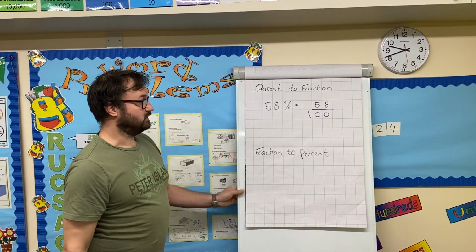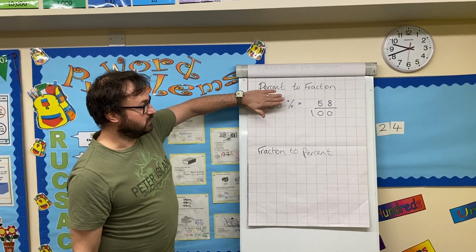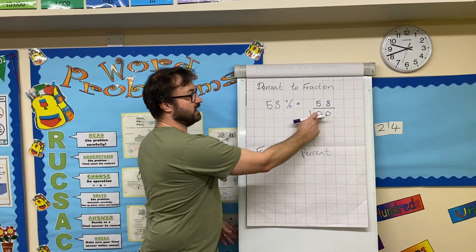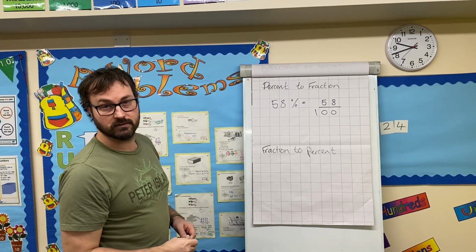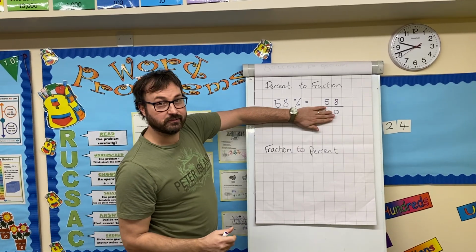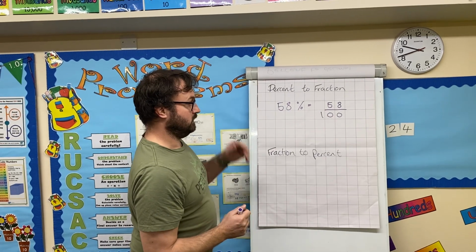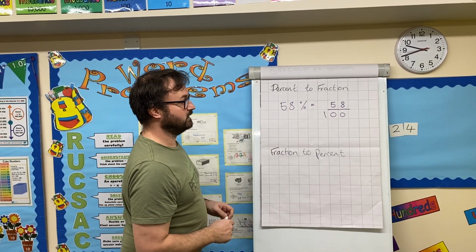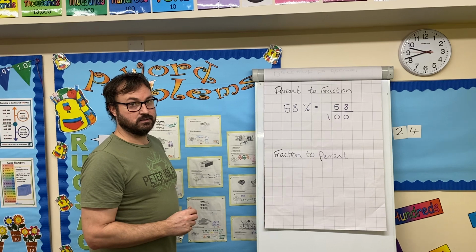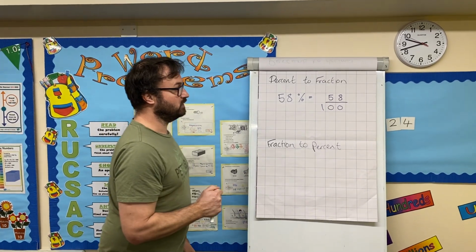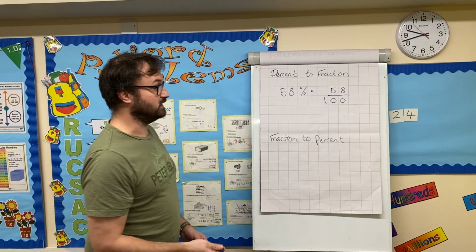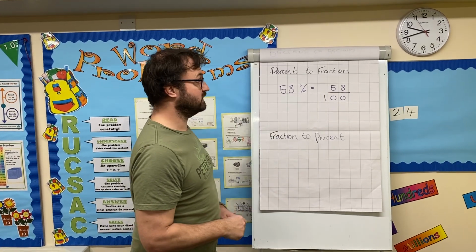Okay, so you simply write that number over 100. And the denominator here for a percentage will always be 100. However, mathematically, you wouldn't leave that fraction like that, because we can find a common factor of both of those numbers. Try and find a reasonably high one. You could start with 2 though, if you wanted to halve them both, because they're both divisible by 2.